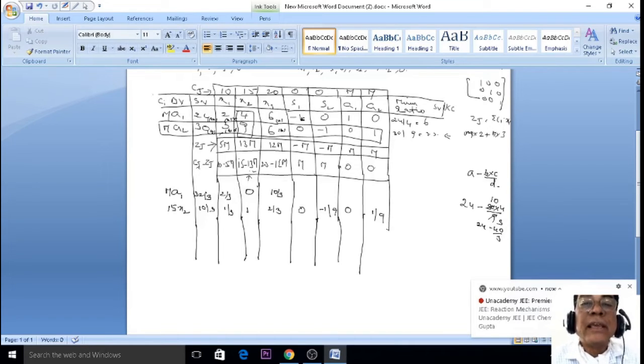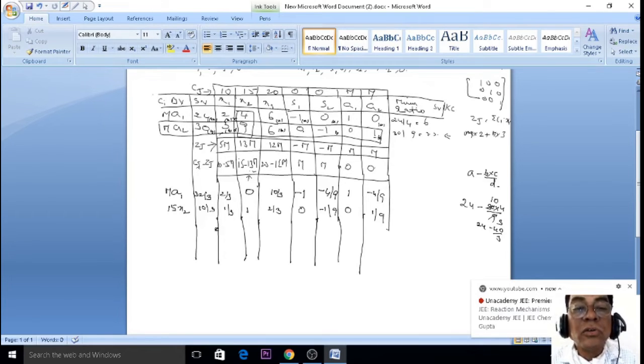Next, A, B, A straight, C and D. Apply our condition, so that gives minus 1. This 0, A, B, A straight, C and D. So that is equal to minus 4 by 9. This 1 and minus 4 by 9.